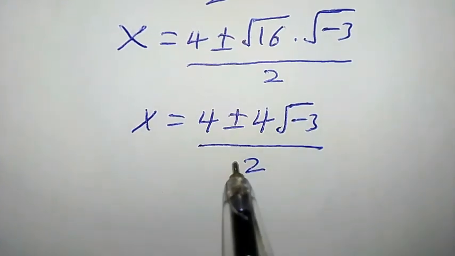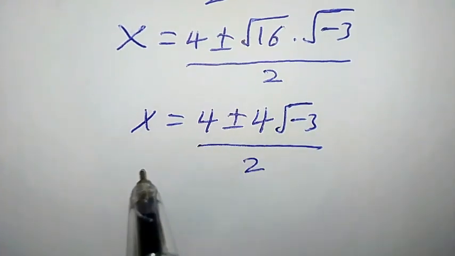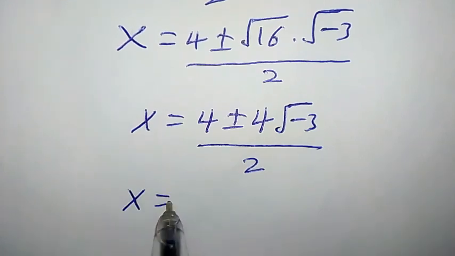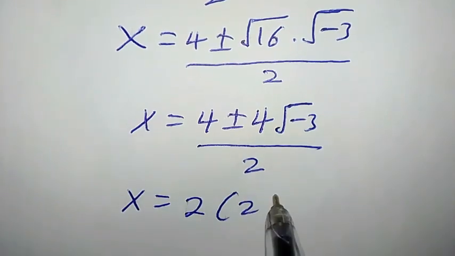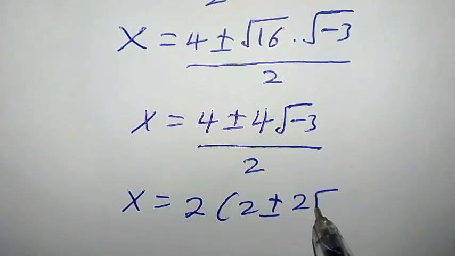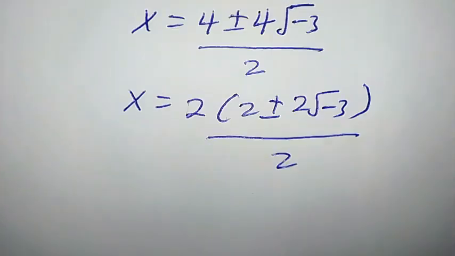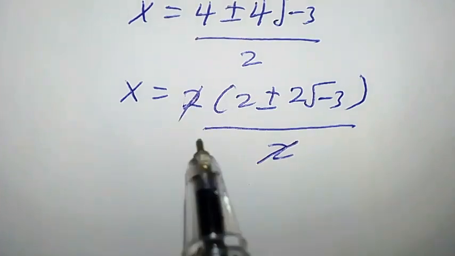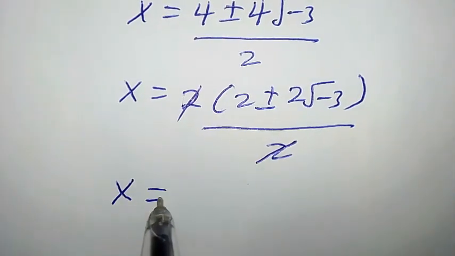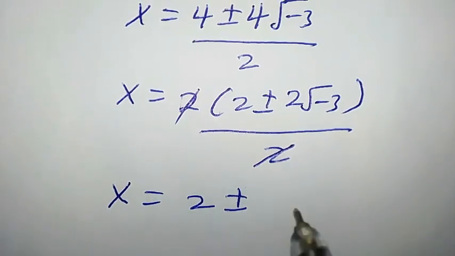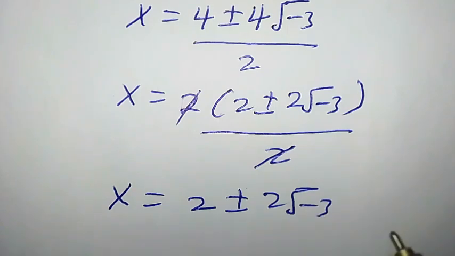Let us do something here. We can pull out 2 from these. So we're going to have x equals 2 into 2 plus or minus 2 times square root of negative 3, all over 2. Clearly, these cancel each other. So we are left with x equal to 2 plus or minus 2 times square root of negative 3.